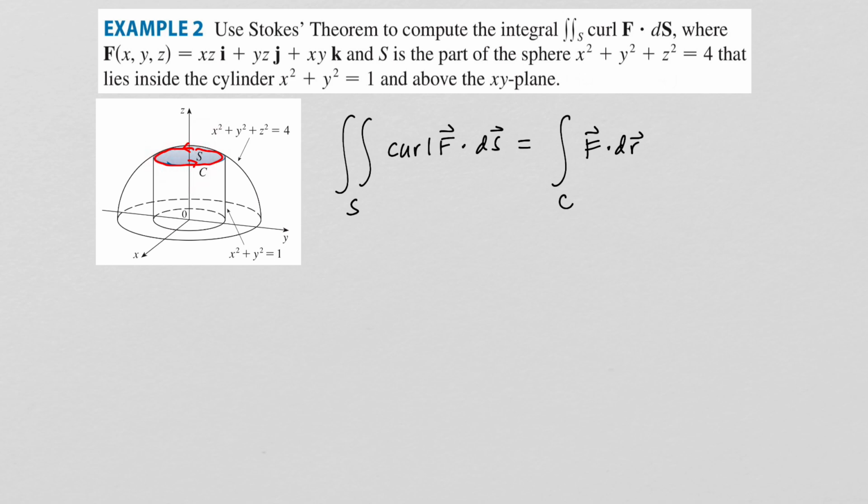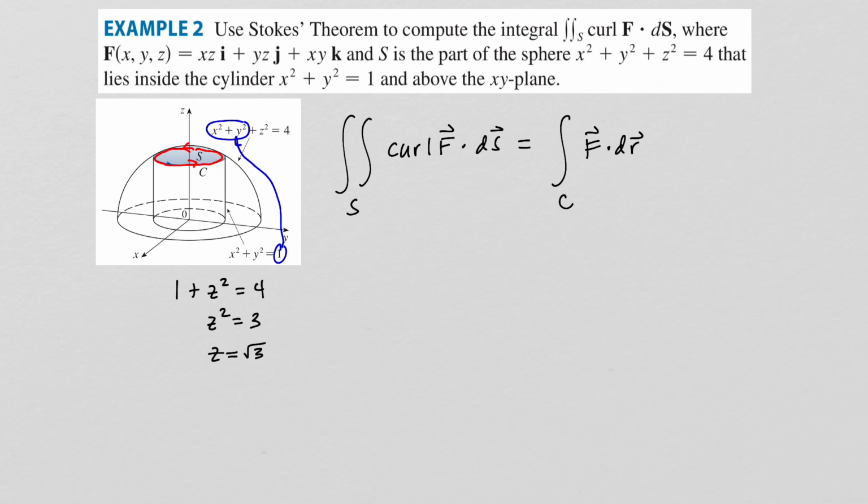And we know that if x squared plus y squared is equal to 1, then we can plug 1 in for x squared plus y squared here, because we're trying to find the intersection of those two surfaces. And we're going to have 1 plus z squared is equal to 4. That means z squared is equal to 3, or z is equal to the square root of 3.